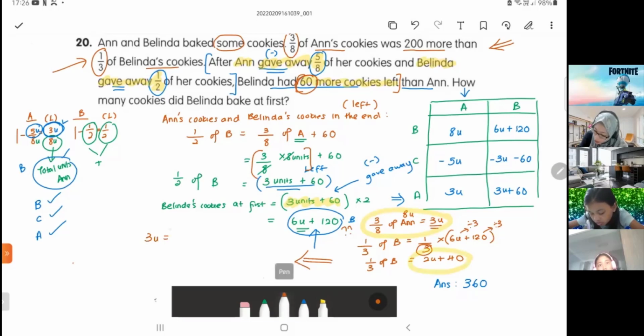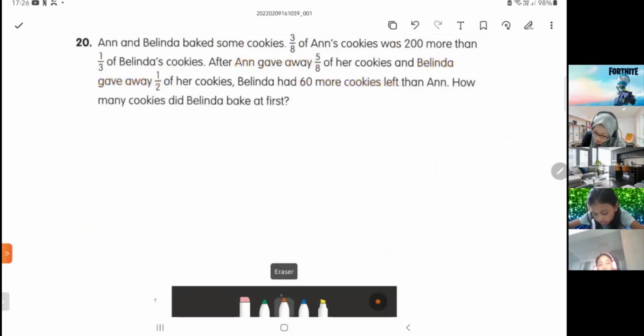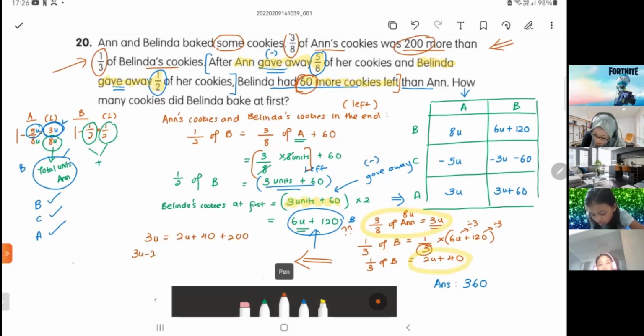So you write down 2 unit plus 40, then plus the 200 more, plus 200. Okay, so equals to 3 unit. Put all the units on one side. Okay, so I align it so you can see. So 200 plus 40. 1 unit is 240.